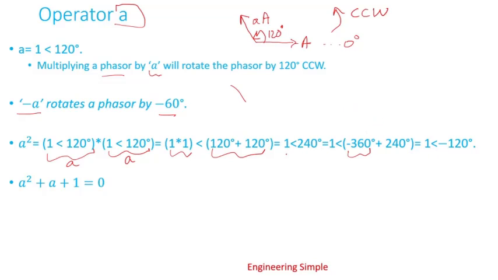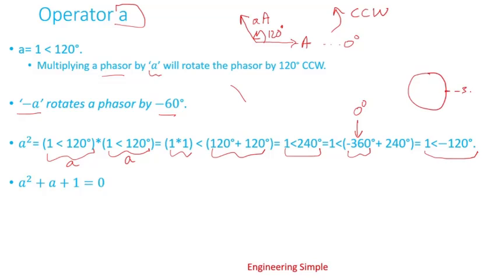So basically it's 1 magnitude 1 angle of 240 degrees is the same as 1 with an angle of minus 120 degrees. Like I said, minus 360 degrees is the same as 0 degrees because it's a full circle.